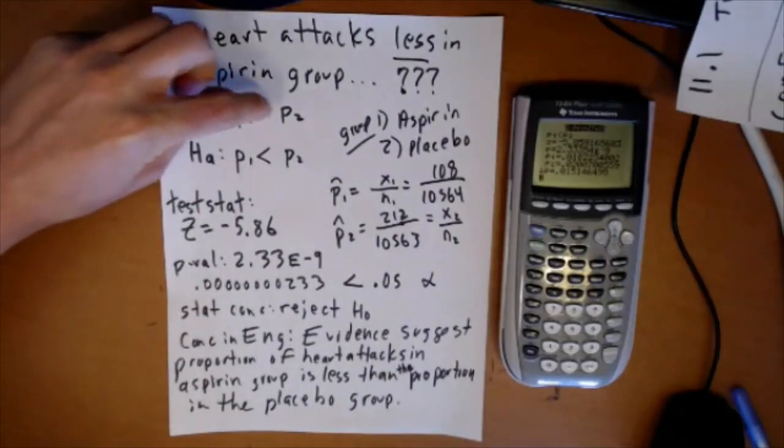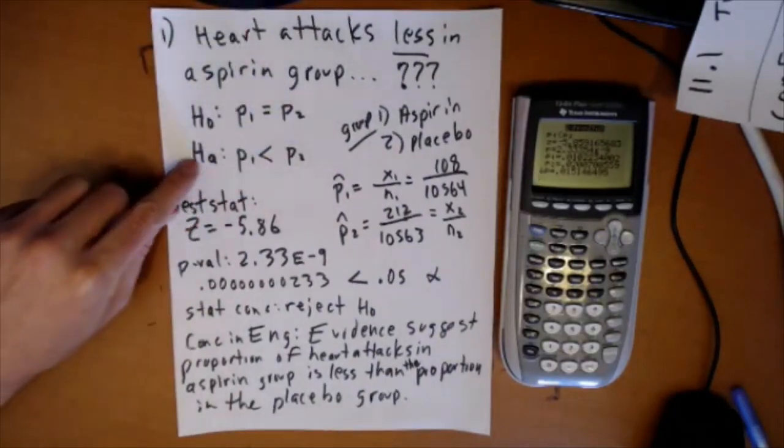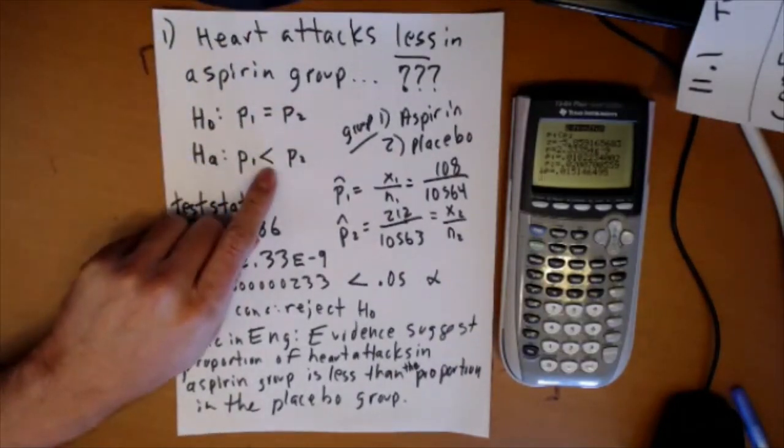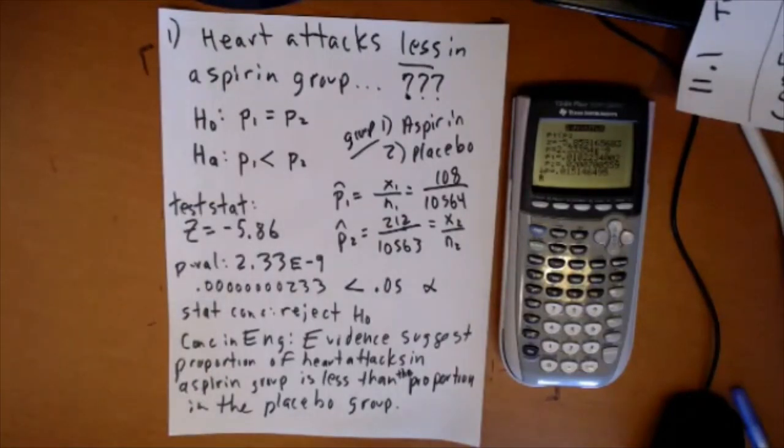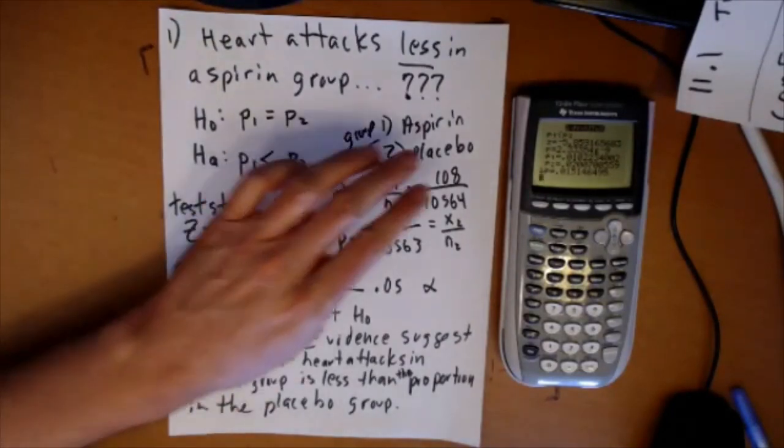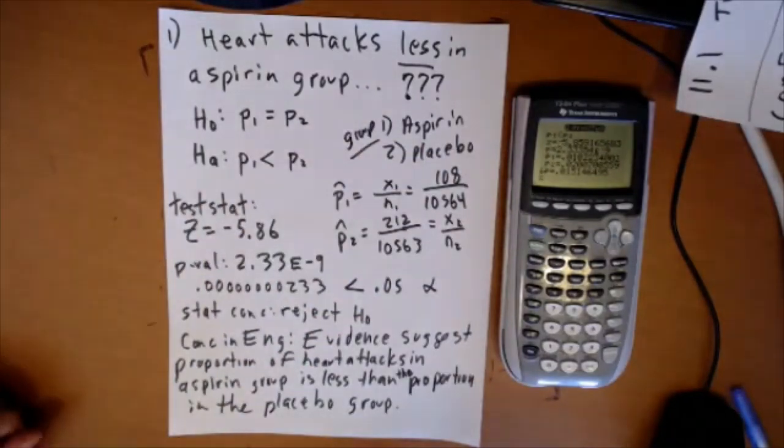And then once we have that idea, we know that the alternative, we just need to figure out what symbol goes there. Is it a less than, a greater than, a different? We're going to plug in all of our data, our X1, N1, X2, N2, into our calculator under our 2-prop Z test. Why Z? Because you can see that formula up top that we didn't use has Z in it.